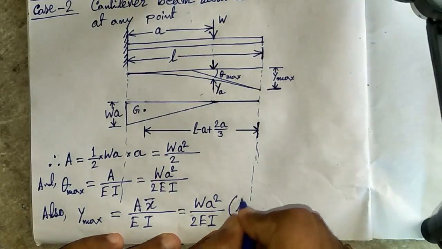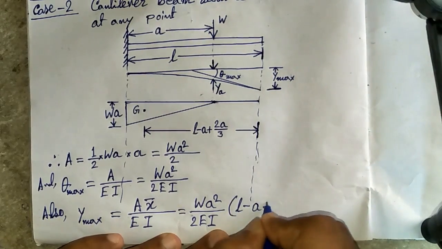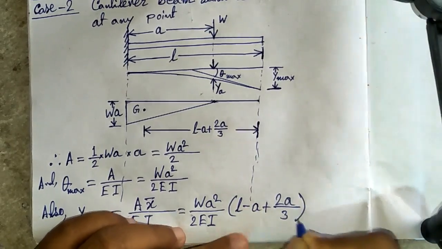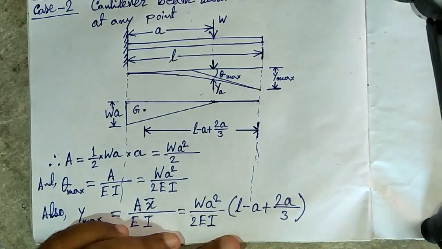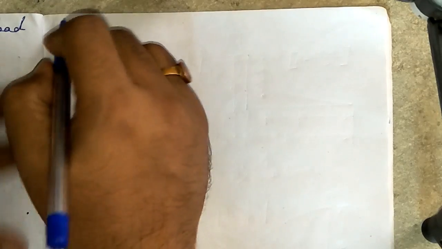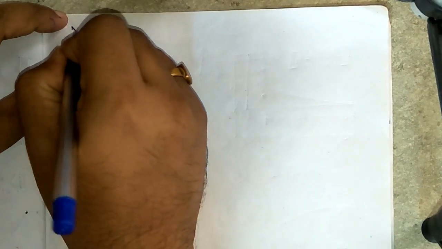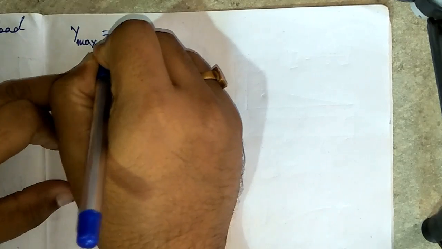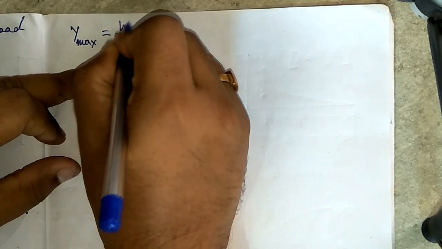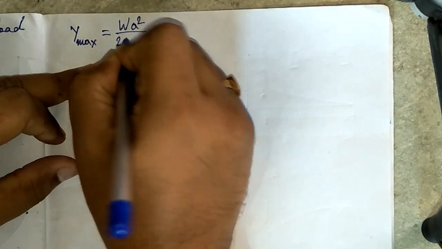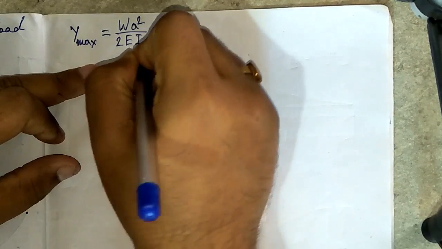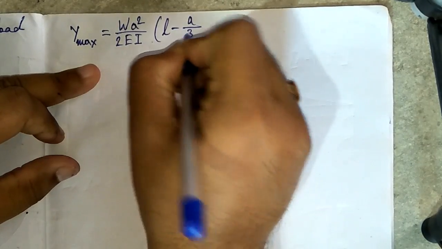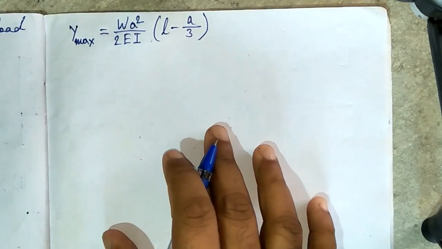X bar is L minus A plus 2A by 3, or we can write that Y max equals WA square by 2 EI into L minus A by 3.